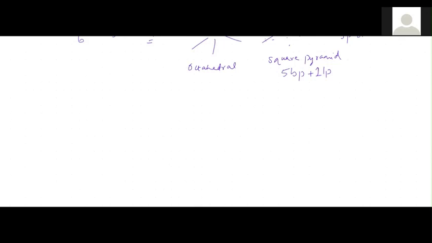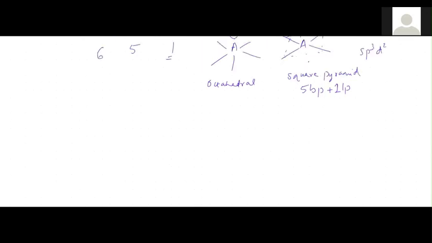Now, coming to Z value 6, there are 4 bond pairs and 2 lone pairs. In that case, I'm placing the 2 lone pairs on either side like this. You can place them anywhere because it's a symmetrical molecule. The geometry is octahedral.